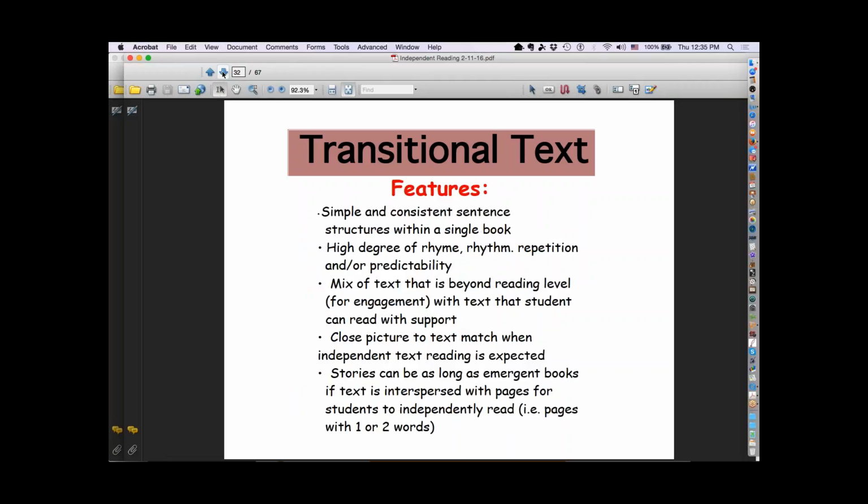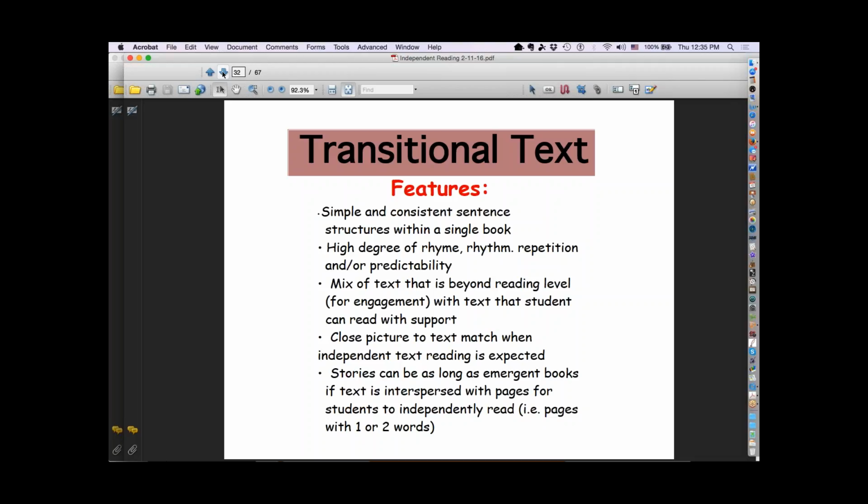So let's look at those features that we have in these. Simple, consistent sentence structures within a single book. A high degree of rhyme, rhythm, repetition, and/or predictability. A mix of text that's beyond the reading level, because that's going to help them stay engaged with text that they can read with support.